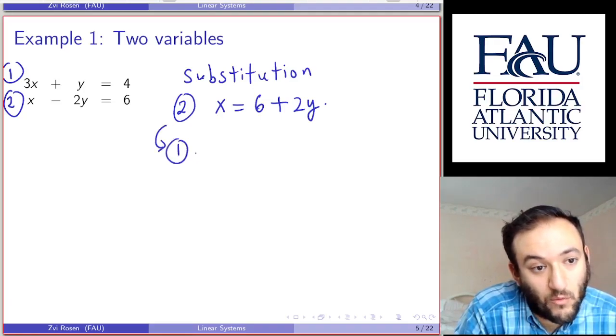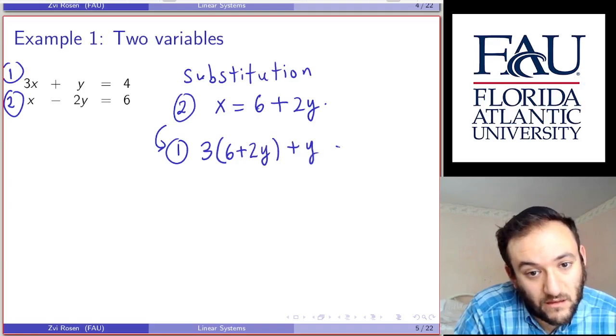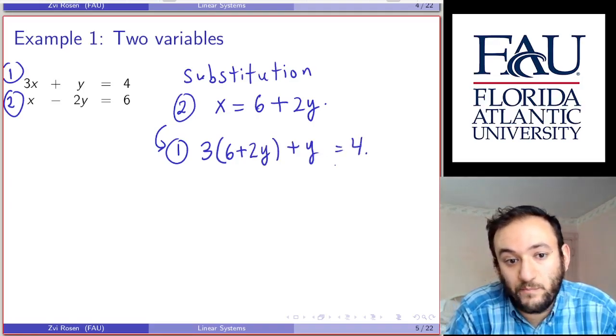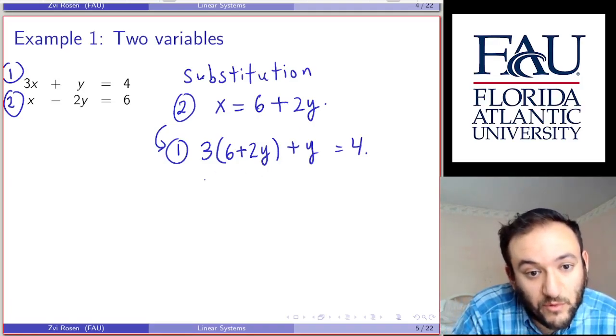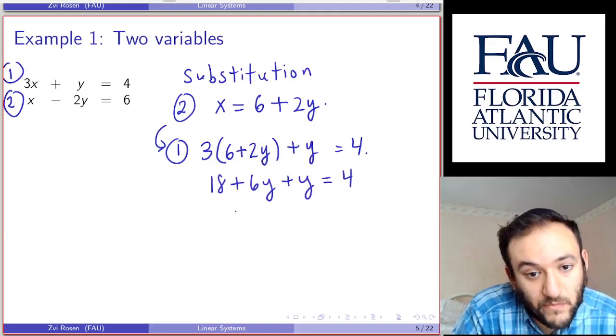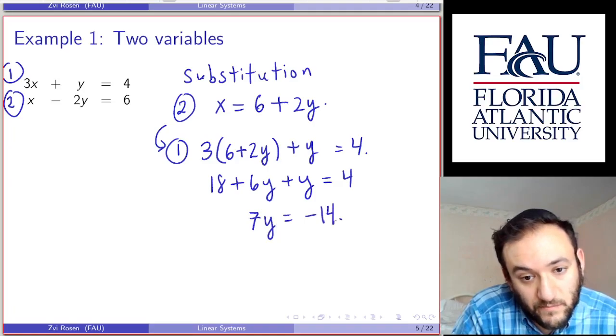So that means that equation 1 can be restated as 3 times (6 plus 2y) plus y equals 4. Now this is an equation in one variable, so we can solve for that variable. We have 18 plus 6y plus y equals 4, and that gives us 7y equals minus 14.